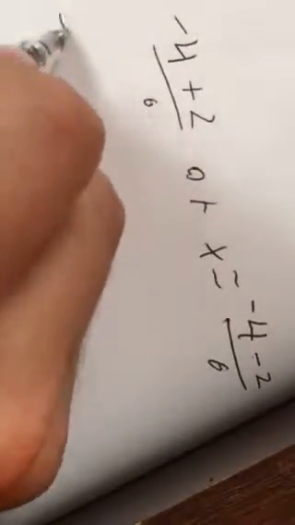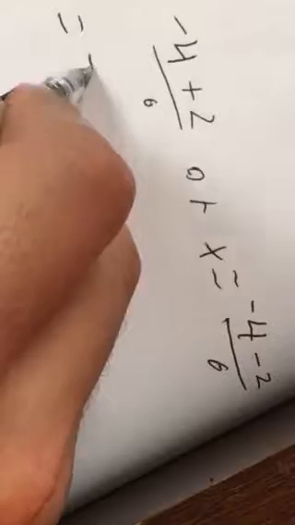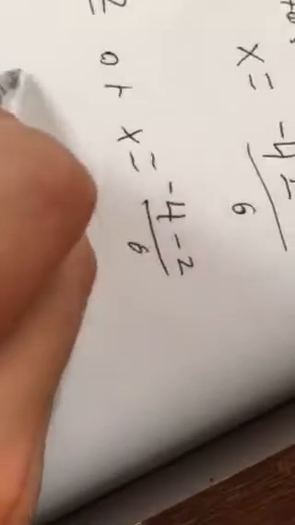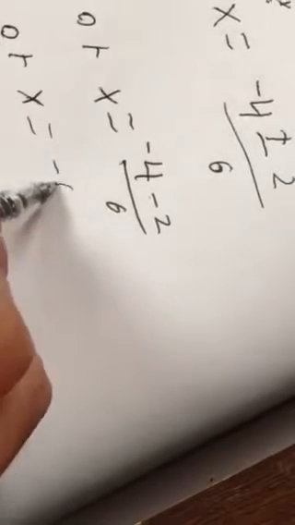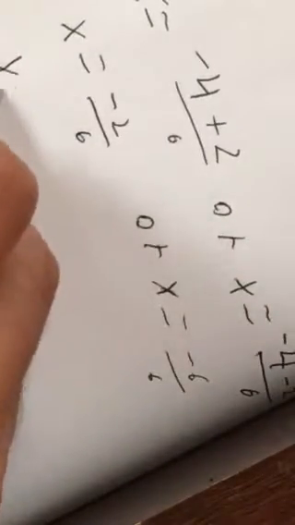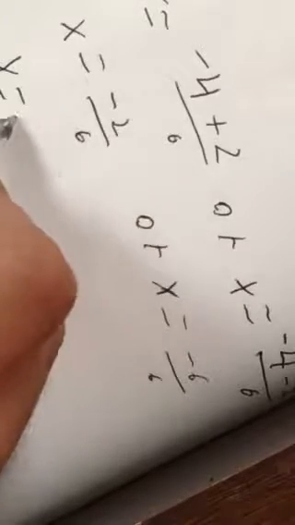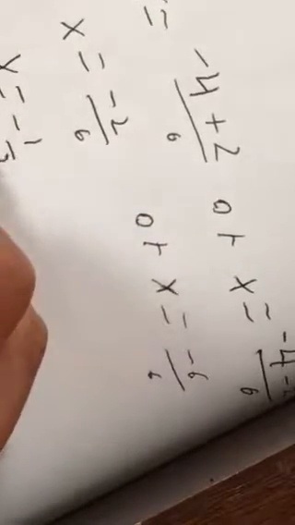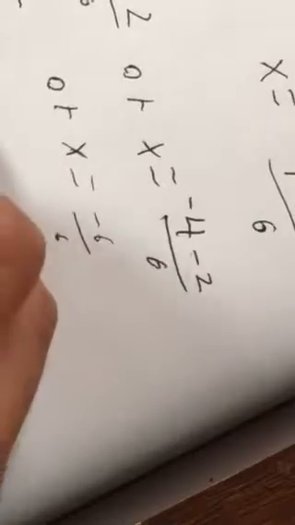So you get x equals negative 2 over 6, or x equals negative 6 over 6, which you can simplify more. So as an answer, you get x equals negative 1 over 3, or x equals negative 1.